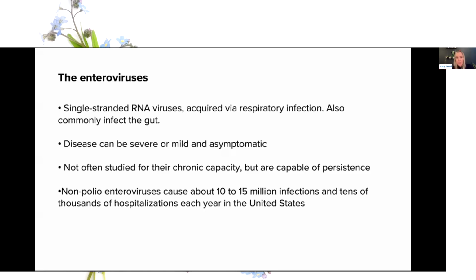And I think it's important to understand that enteroviruses, this family of viruses, drive 10 to 15 million infections and even tens of thousands of hospitalizations in the US alone every year. So people are really still exposed to enteroviruses a lot. And in fact, one thing that interested me is there's a team that's been doing wastewater tracking, looking for SARS-CoV-2 in wastewater when people shed it over time via sewage.